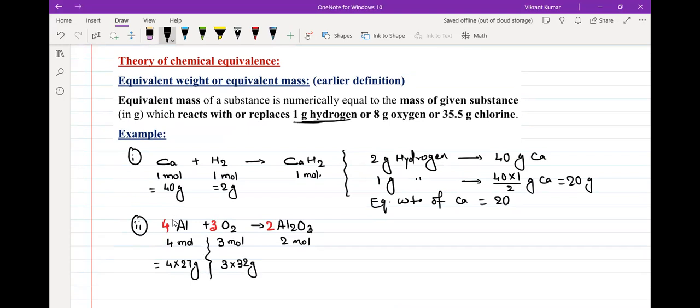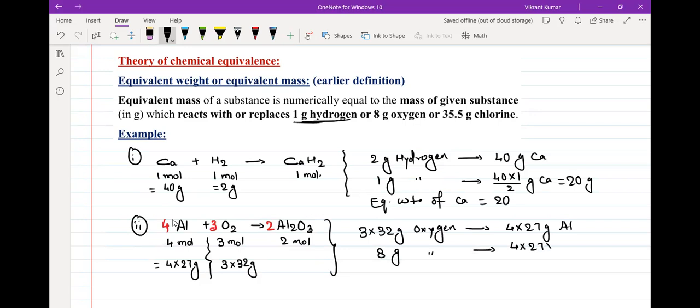So 3 into 32 gram oxygen is reacting with 4 into 27 gram aluminium. I'm not doing the calculation because it cancels out later. Since for oxygen the reference is 8 gram, this will be 4 into 27 into 8 upon 3 into 32, and if you solve, how much is it coming?